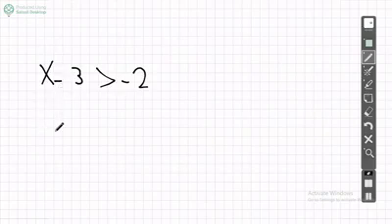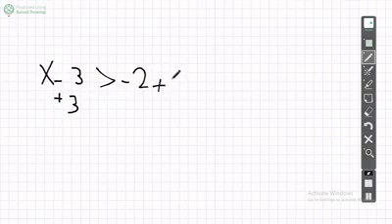So the inverse of subtraction is addition. So we will use the addition property of inequality to isolate x on one side. So I will add 3 to both sides of the inequality and the inequality stays true.